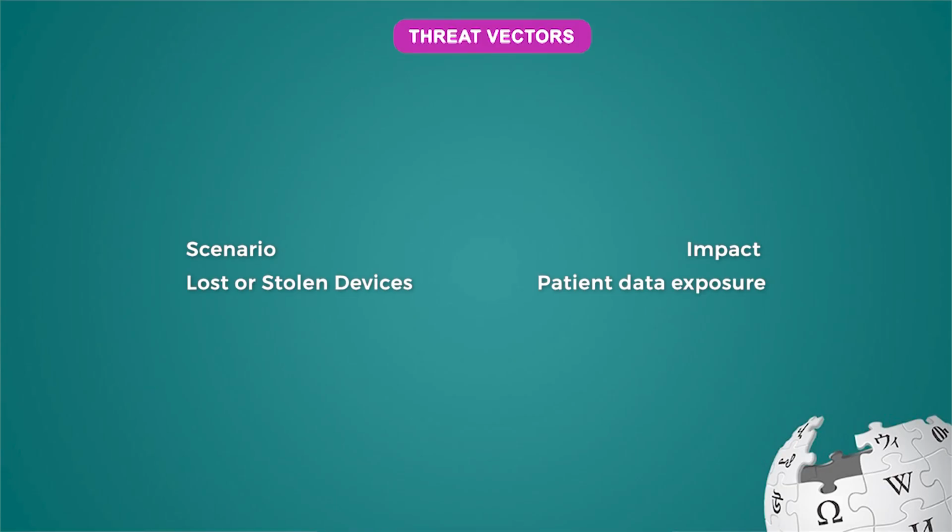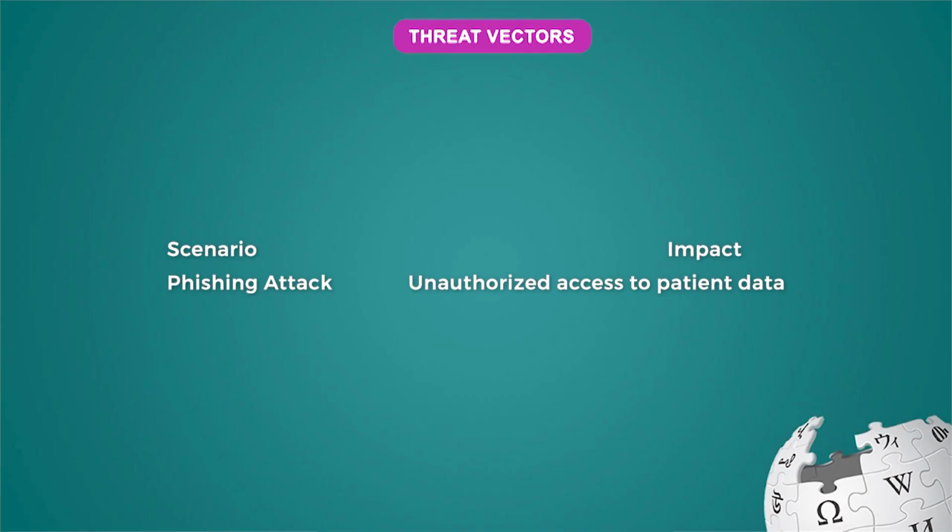Lost or stolen devices. A doctor's laptop containing patient records is stolen. Phishing attack. It says healthcare staff receiving convincing phishing emails. Inadequate encryption. Patient data transferred between medical facilities is not properly encrypted, leading to interception by malicious actors.